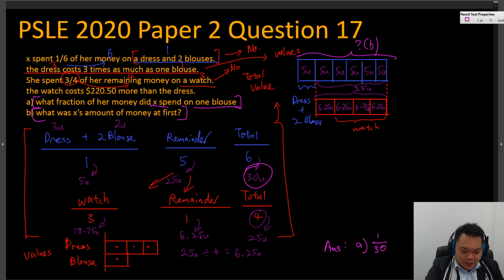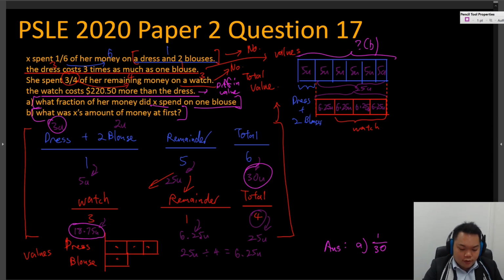We can compare the difference in value between the watch and the dress. So since the dress costs 3 units and the watch costs 18.75, the difference in the number of units will represent the difference in value.